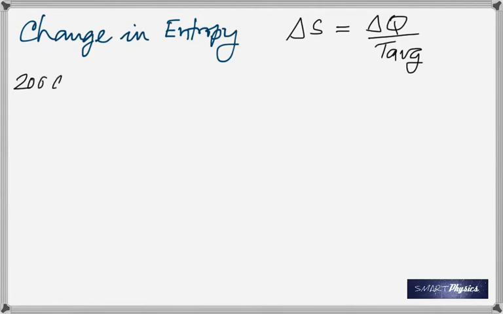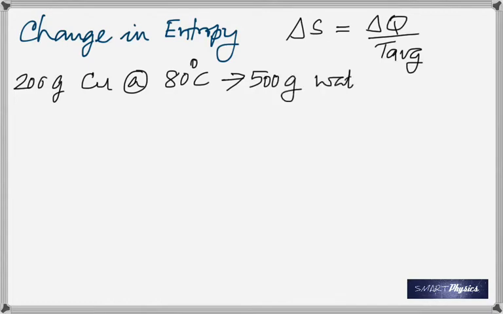Okay. So you have 200 grams of copper. It's at 80 degrees Celsius. That's the hot object. It's added to 500 grams of water, and this water is in an aluminum container of mass 100 grams.